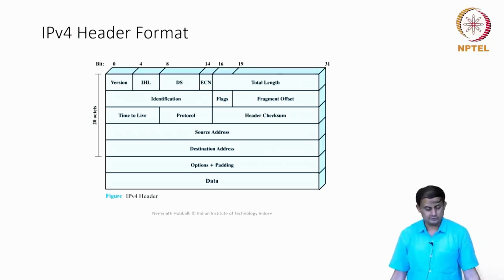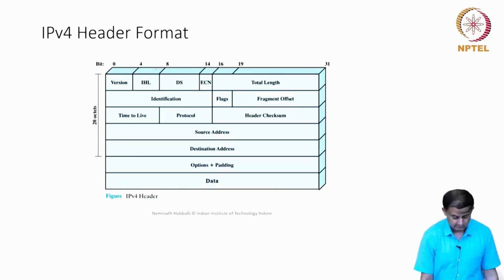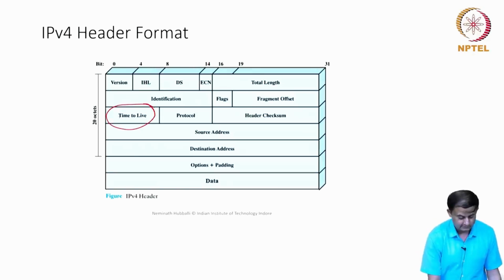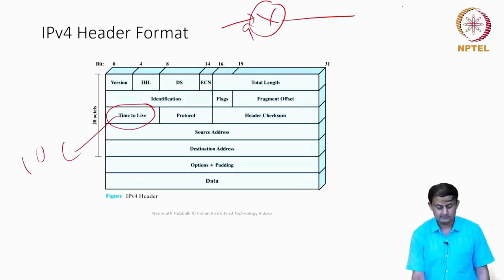Here is the IP version 4 header. So this is the thing I was referring to. You have the time to live value. This we also call the hop count. If it is set to 10, when a packet arrives at a router, you make it 9 and then send it to the next hop.